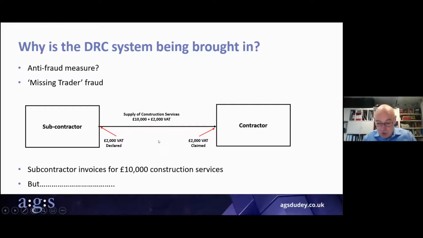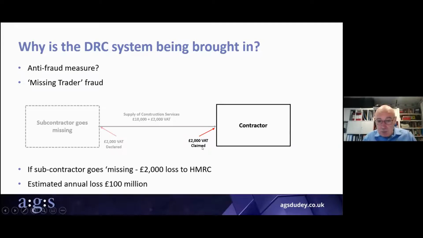Hopefully from these illustrations, we can quickly see why. At present, as we said, the supplier invoices that across, the customer recovers it. That's normal. The problem has come when this lot goes missing on this end, when the subcontractor raising the invoice for some reason doesn't pay. That could be because they've got insolvent, it could be because they just don't pay. Often it's because they don't really exist.